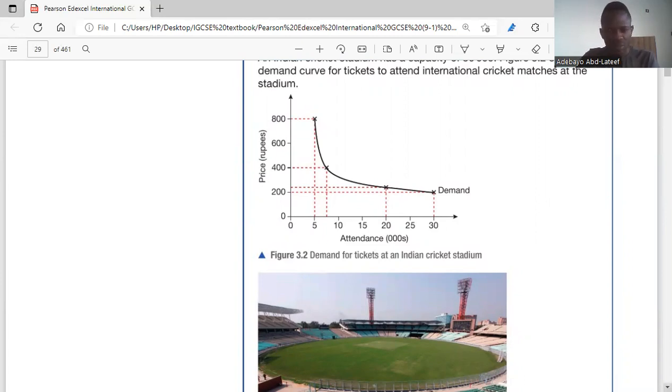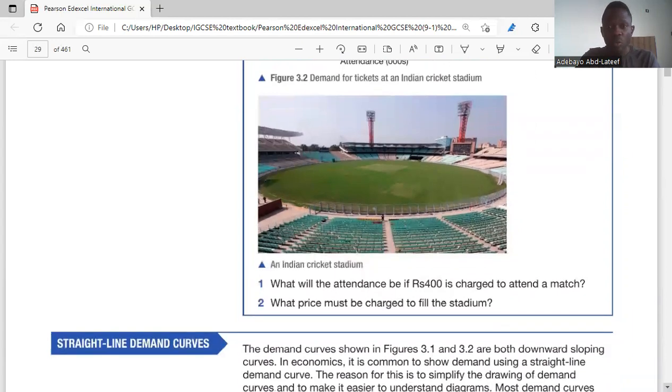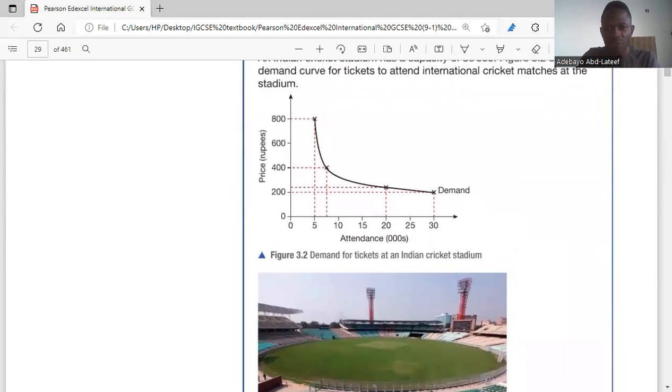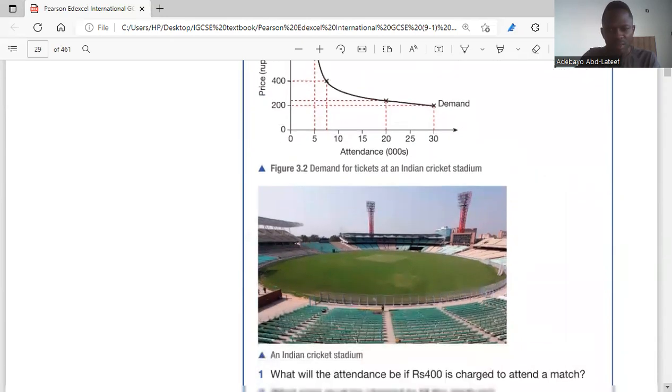Okay. So what would be the attendance if 400 is charged to attend a match? It will be between what? That's 7.5, in thousands, that would be 7,500. Yes. Great, right? All right.